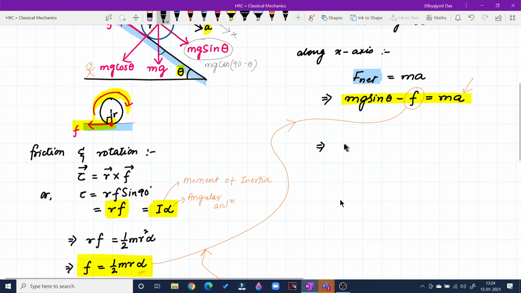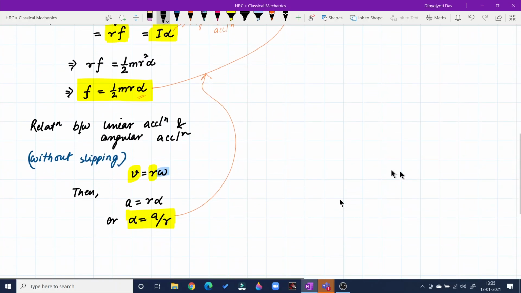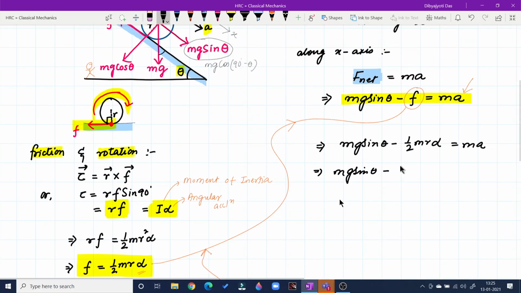So in our original equation, you have mg sine theta minus f is equal to half mr alpha, which we came from the relationship between friction and rotation, is equal to ma. Alpha is equal to a upon r, coming from the without slipping condition, so r and r get cancelled.